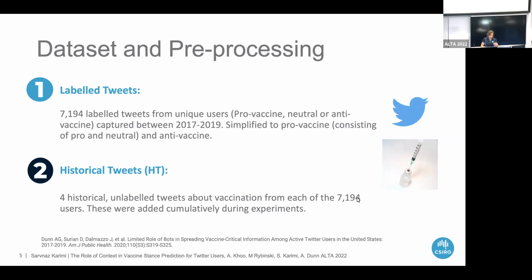From this data set, we looked at only those users for whom we had at least 4 historical tweets related to each tweet we were looking at. So we wanted to have a good amount of history from those users, and anything with fewer than 4 historical tweets we removed. The historical tweets are not manually labeled; we just have the labels for the original tweets.